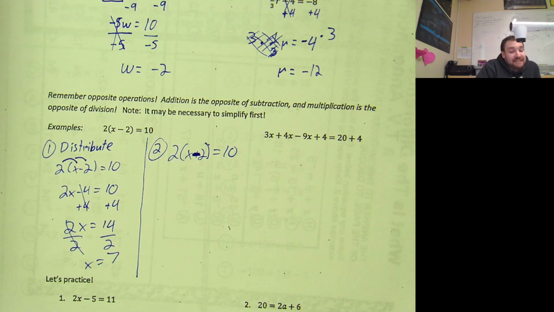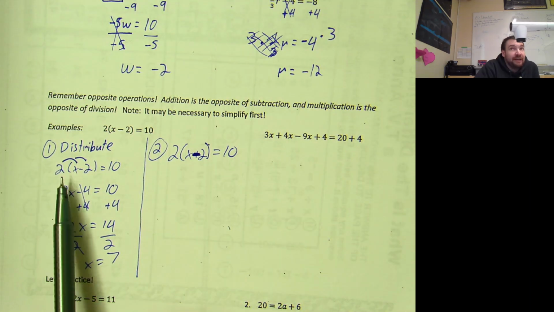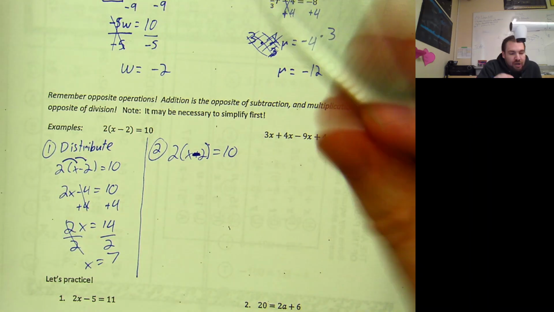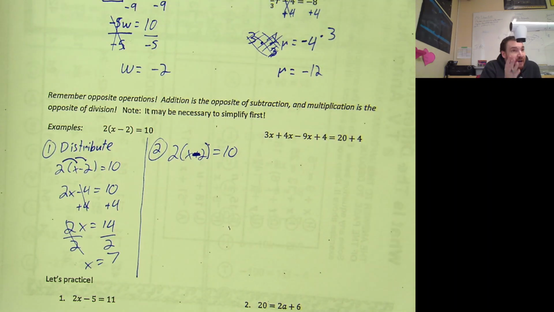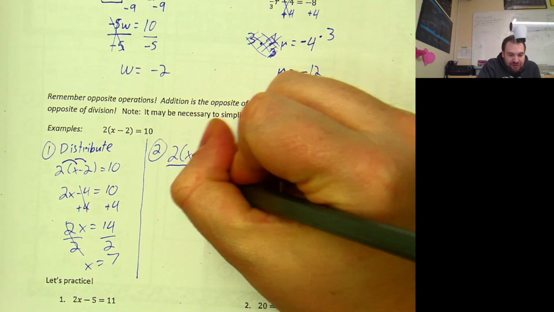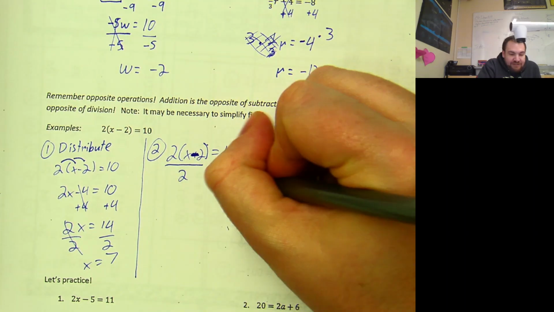Instead of distributing this 2 into the brackets, which is just multiplication, we can actually divide this 2 away. So what I'm going to do is divide by 2 on the left-hand side because I'm multiplying by 2 here. So we're going to divide by 2 and divide by 2.